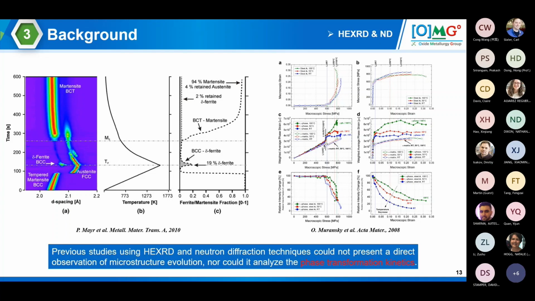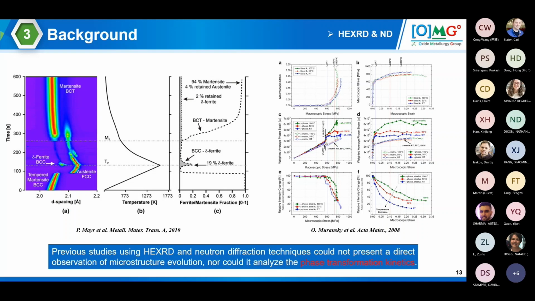And people have used different techniques, and the most recent one is high energy XRD, X-ray diffraction, and also neutron diffraction to understand how these phase transformations would occur and to what degree, in a way that helps the final microstructure development there.